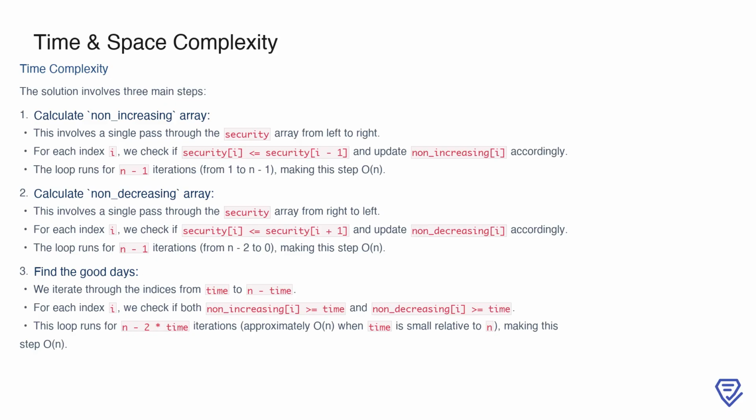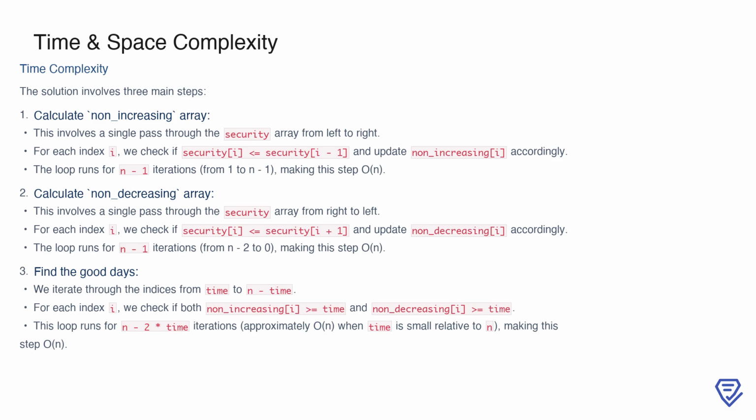Next, we compute the non-decreasing array, where we perform a similar operation but traverse the array from right to left. Again, this requires a single loop and is O(n). Finally, we identify the good days by iterating through the valid range of indices and checking the conditions for both non-increasing and non-decreasing.